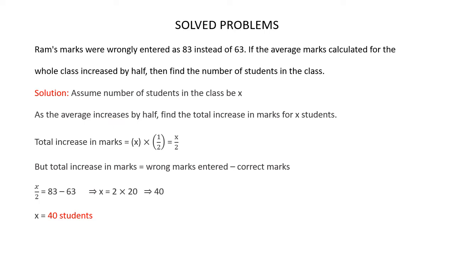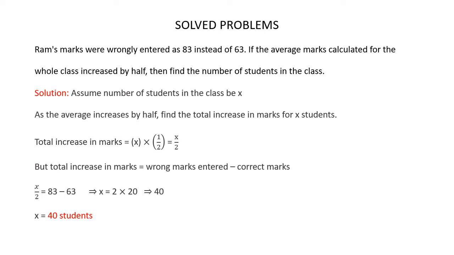So the total increase in marks for x students is x multiplied by half, which is x by 2. Now this increase in marks is because the correct marks 63 was wrongly entered as 83.